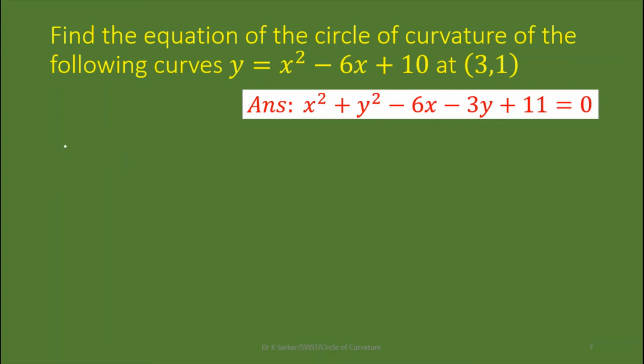Then we get dy/dx is 2x minus 6. Now let us put x equals 3 and y equals 1 in dy/dx. So we have 2 into 3, 6, minus 6, that is 0.